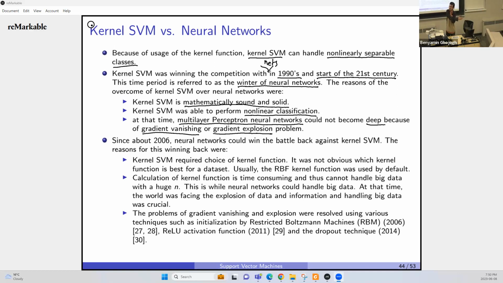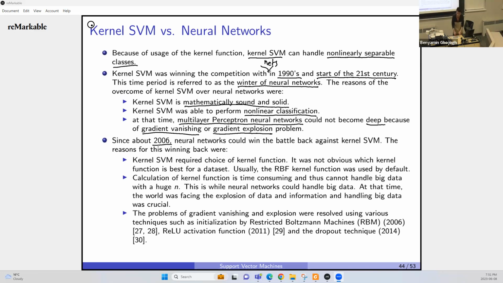Vanishing gradients. But if they are too big, if you multiply big values by each other, then they will explode, they will overflow in your computer. Gradient explosion. So that was a problem. They couldn't make it deep, having a lot of layers. Okay. But there is a but.